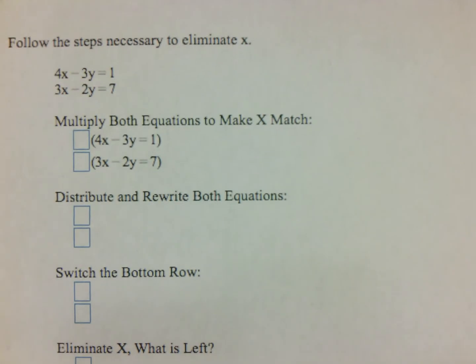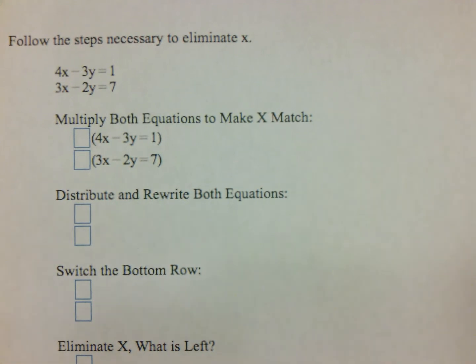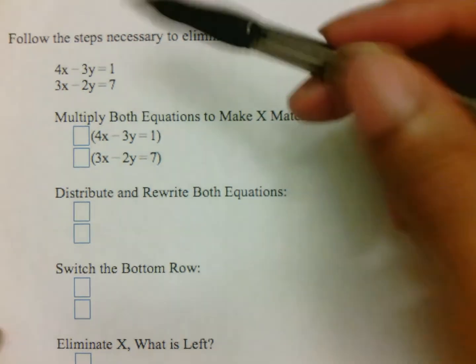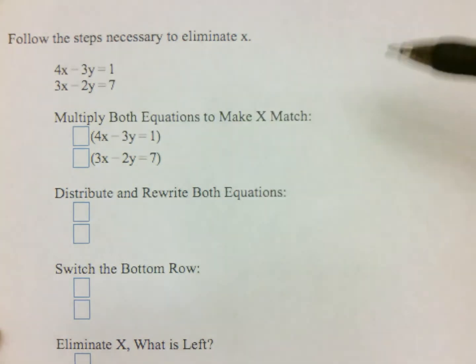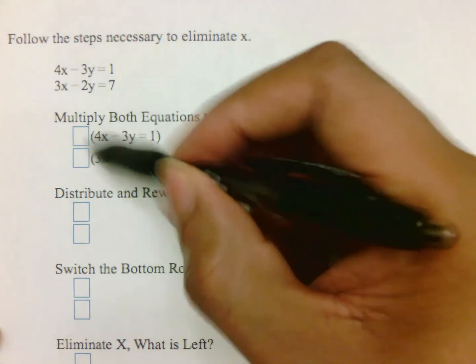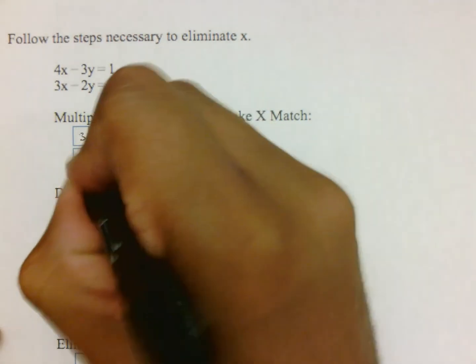So the assignment that you're going to work on today is going to look something like this. And so I just want to walk through what all the boxes are and what you're going to do to try to get some work on what's going on. It's going to ask you to follow all the steps necessary to eliminate x. It's going to give you a problem like this. And again, first thing is going to give you some boxes here. Of course, the 3 needs to come up to this box. The 4 needs to come down to that box.